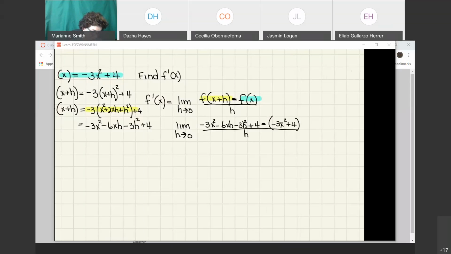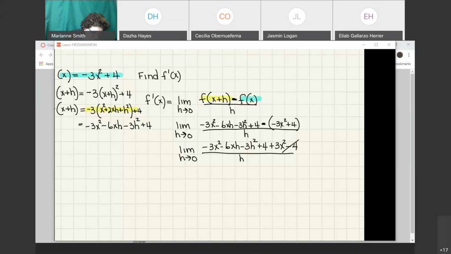All right, so let's do some more algebra. Let's distribute that negative sign in front of f of x. So -3x squared minus 6xh minus 3h squared plus 4. Minus a negative is plus 3x squared, minus a positive is a negative. Okay, and then you can see what cancels out.